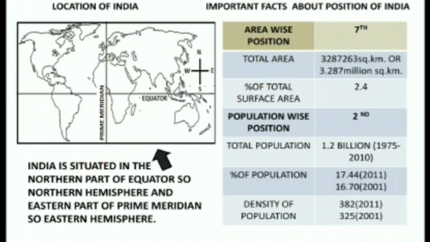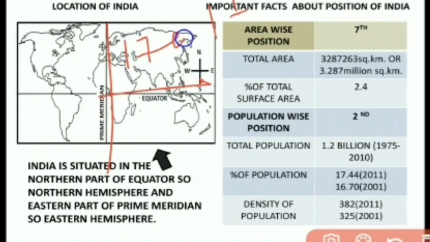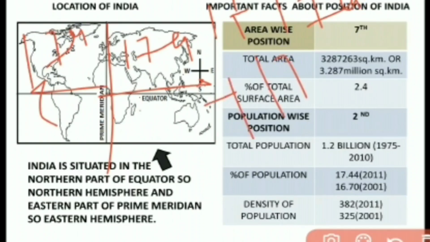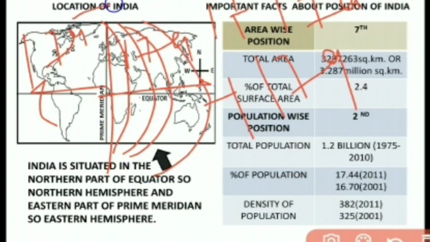How? Just have a look. We have the prime meridian, so we have 1. Towards the east we have 179 longitudes. Towards the west we again have 179 longitudes. So 1 plus 179 plus 179. But all these lines are semicircular lines and meet together at the North Pole and South Pole.